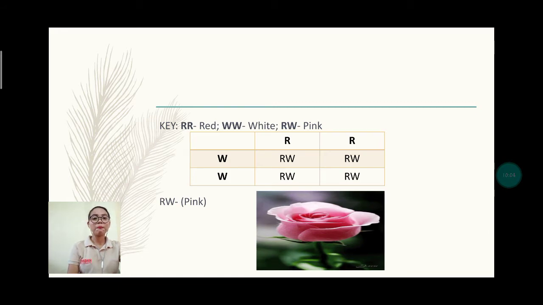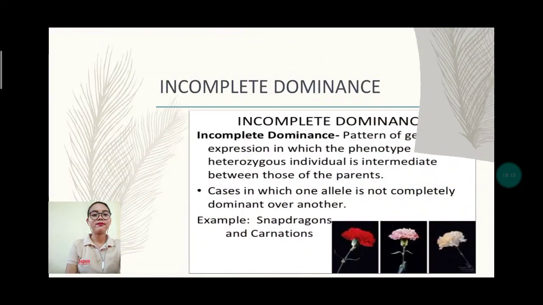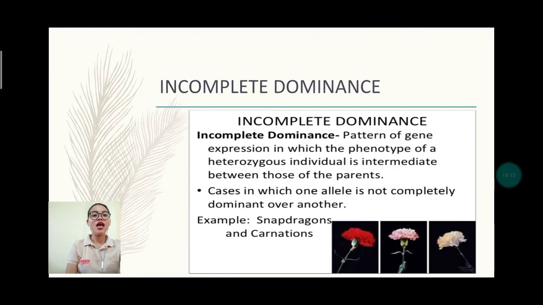RW indicate for pink. Okay. Those sample problem is an example of incomplete dominance.